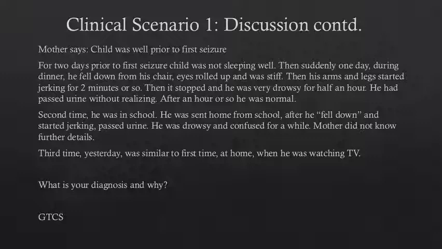Child initially had a tonic phase with uprolled eyes and stiffness of the body, which proceeded to the clonic phase with jerking of his arms and legs and urinary incontinence. He also had a post-ictal phase of drowsiness and confusion. Given this diagnosis, we can then go ahead and make a treatment plan.